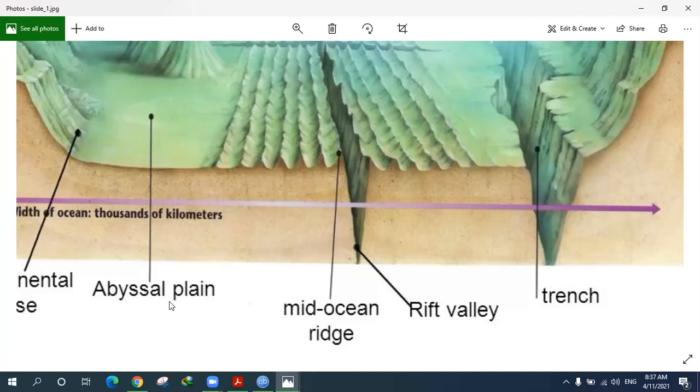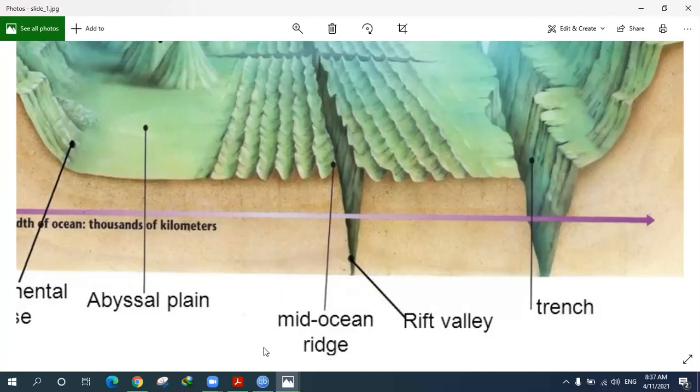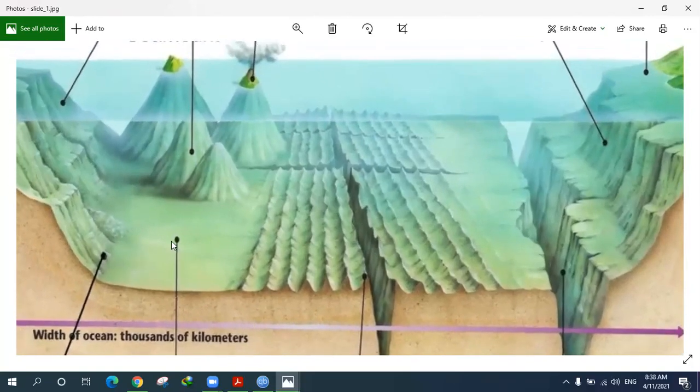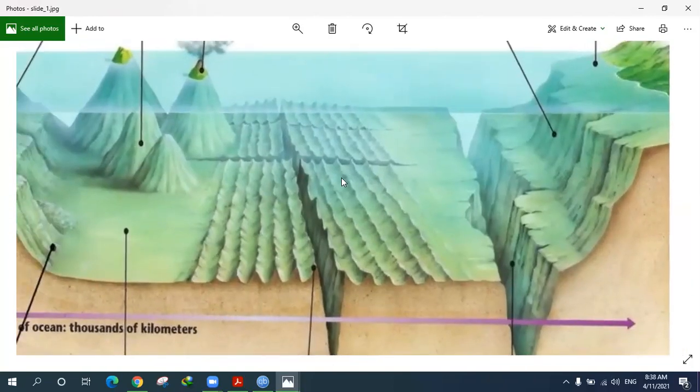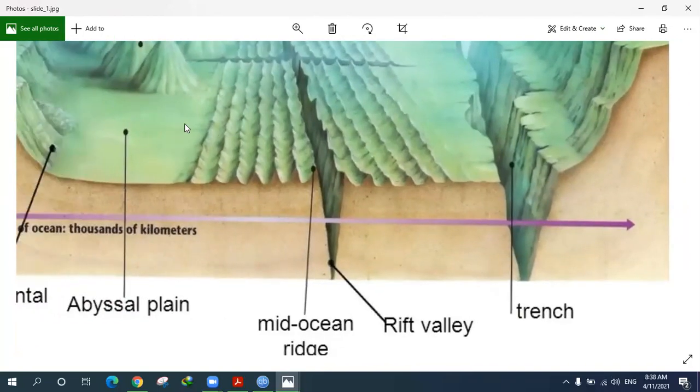In deep places like this, it can be a flat part, or it can contain volcanoes like this one, or we can say mountains. We have this huge crack. Can you see this huge crack in the water?